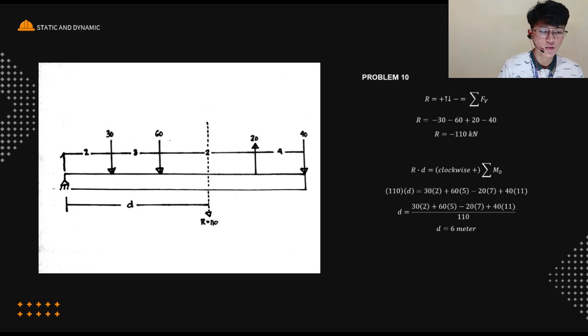So, yung nakuha natin resultant, 110 times D equals 30 positive dahil clockwise times 2 which is yung distance niya, and then plus 60 dahil clockwise, and then times 5 yun yung distance, and then minus 20 which is negative dahil nga counterclockwise, times 7, and then plus 40 times 11.